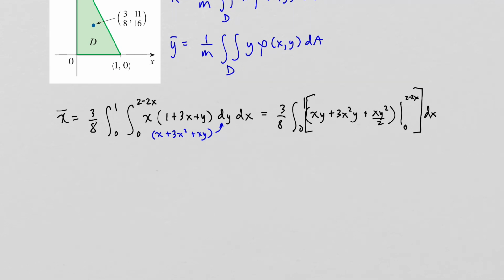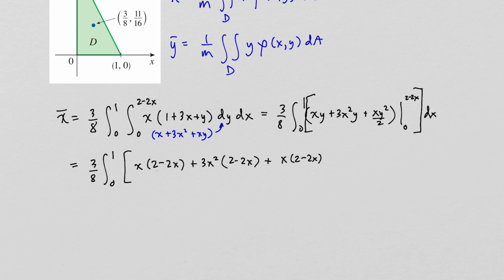Actually, we already did the integration, sorry. We're going to substitute now. So we have x times 2 minus 2x plus 3x squared times 2 minus 2x plus x times (2 minus 2x) quantity squared divided by 2.